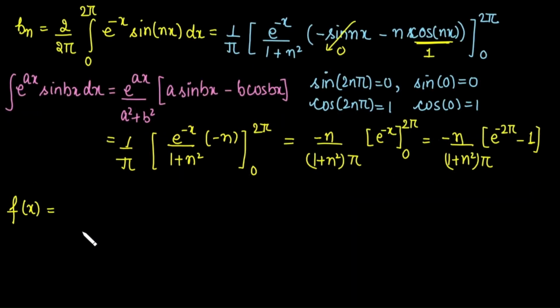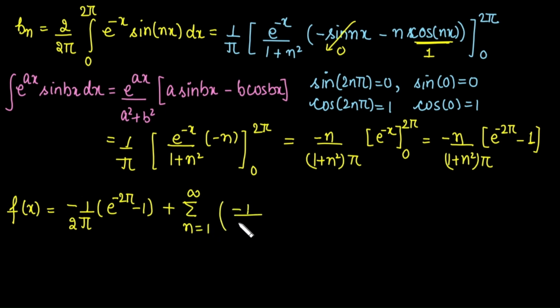So the final Fourier series in this case is a0 by 2, that is minus 1 upon pi into e raised to power minus 2 pi minus 1, divided by 2, plus summation n from 1 to infinity an, that is minus 1 upon 1 plus n square into pi multiplied by e raised to power minus 2 pi minus 1.